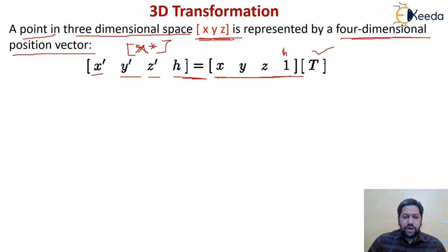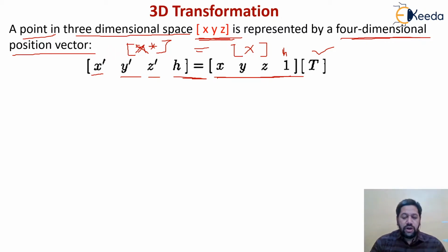So x star is nothing but my original object, maybe a single point, a line, a polygon, or any object, multiplied by the transformation matrix. So x into t gives me x star or x dash, which is my transformed object matrix.